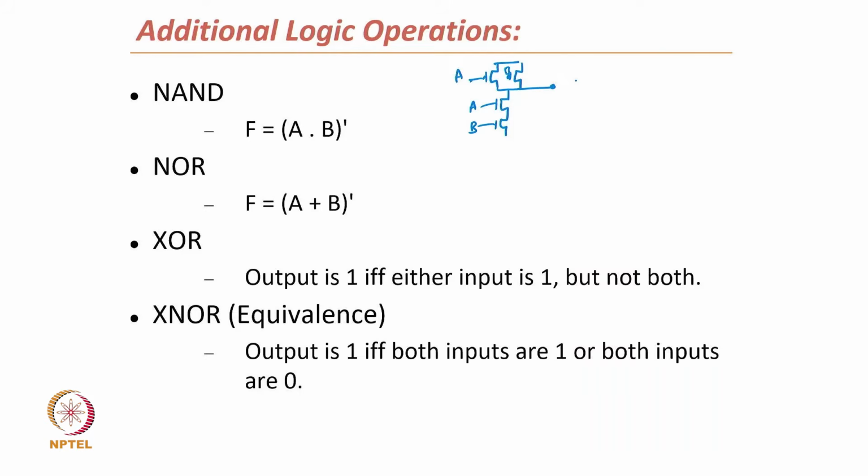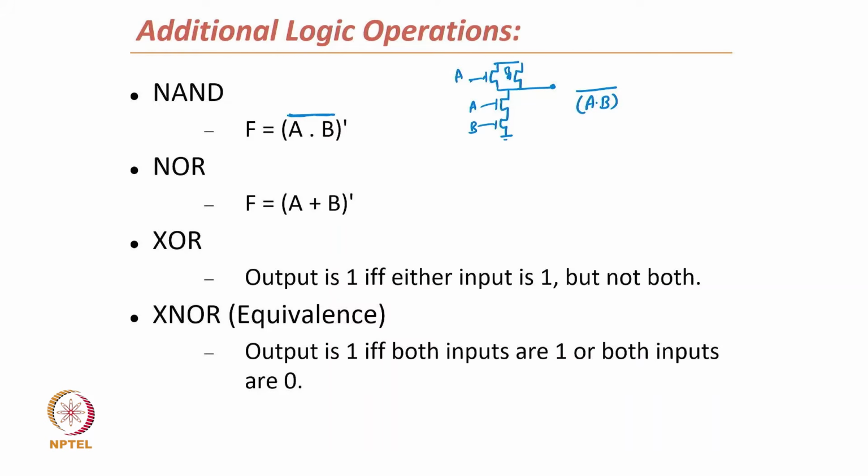So, this is something called a NAND gate, and the function which it performs on the input is (A dot B)', or we can write A dot B is the AND and the negation of this is NAND. So, this we can specify sometimes by this tick, or sometimes we can write as a bar on top. So, (A dot B) bar is the NAND gate.